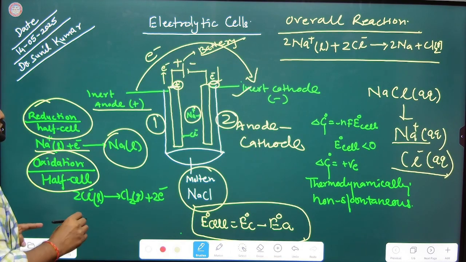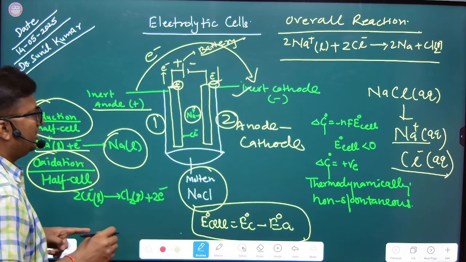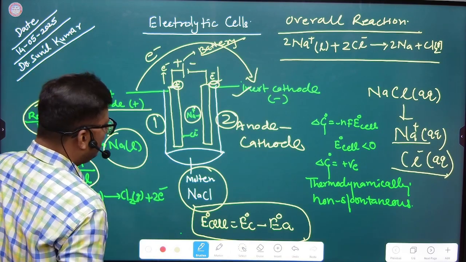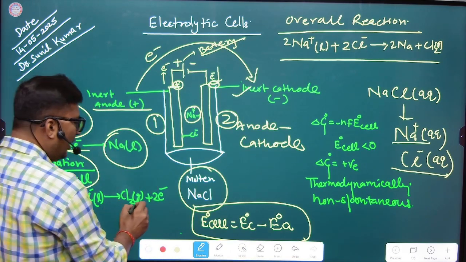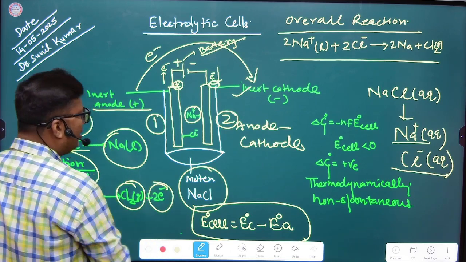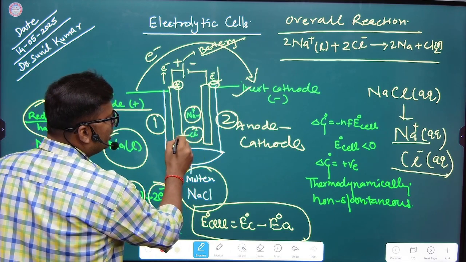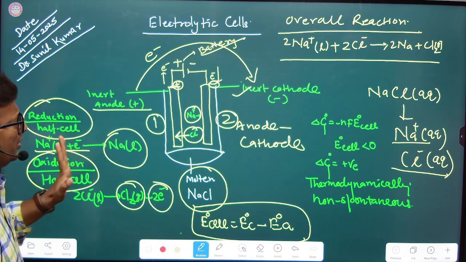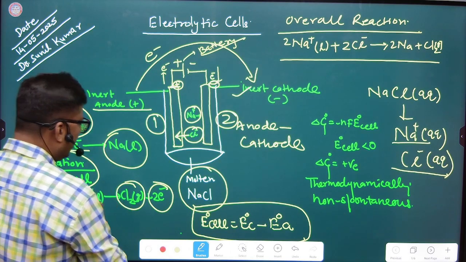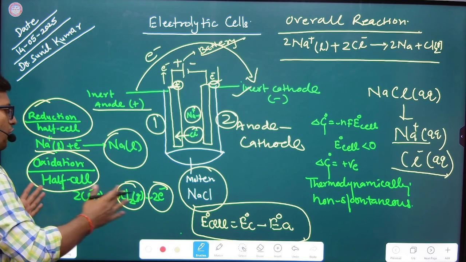So chloride ion Cl-, since it has a negative charge, is an electron rich species, it flows towards the anode and is converted back into chlorine gas by releasing its 2 electrons. So chloride ions flow towards the anode where oxidation takes place and are converted to chlorine, since here the oxidation number is -1 and here the oxidation number is 0. So there is an oxidation, right?